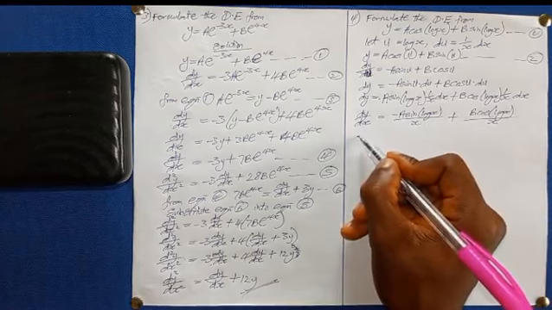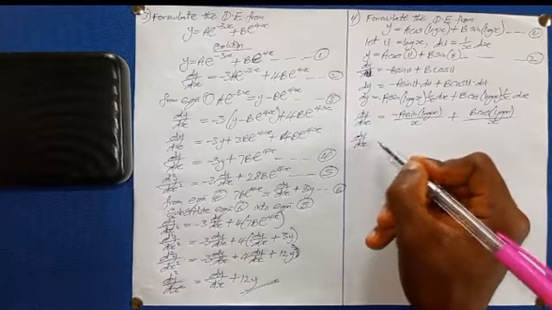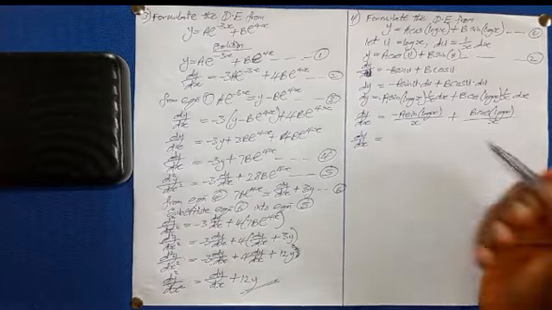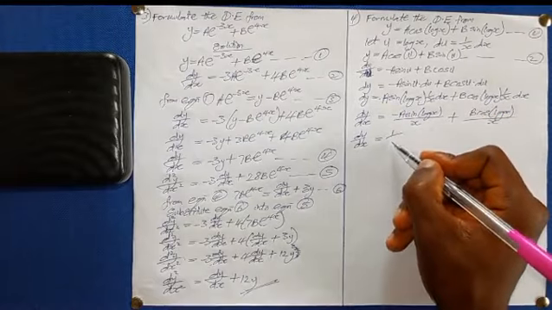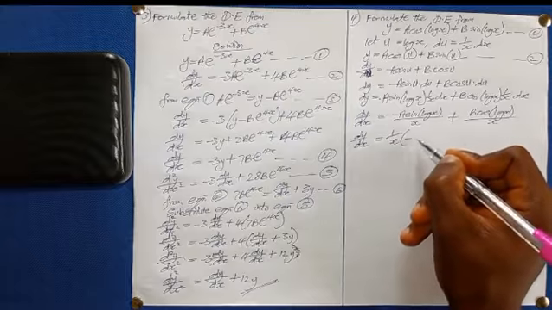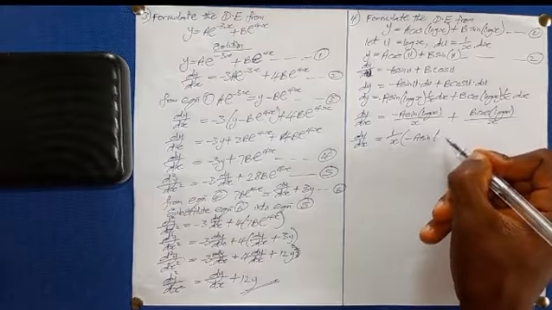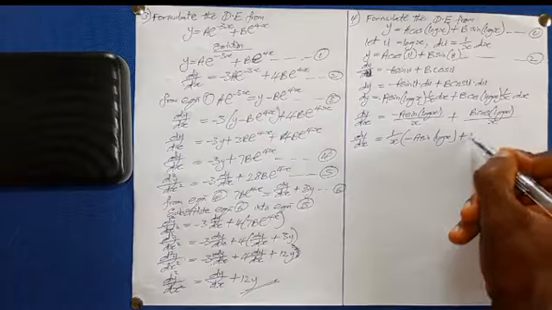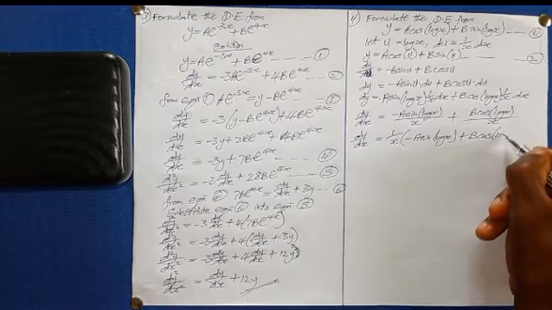So dy/dx will be equal to, I told you it's the same. Okay, let me just put it in brackets so that you know that it's the same. 1 over x will give you minus a sine log x plus b cos log x.